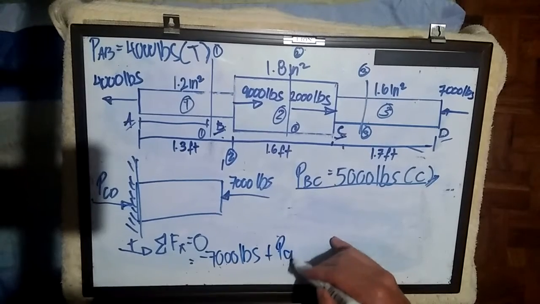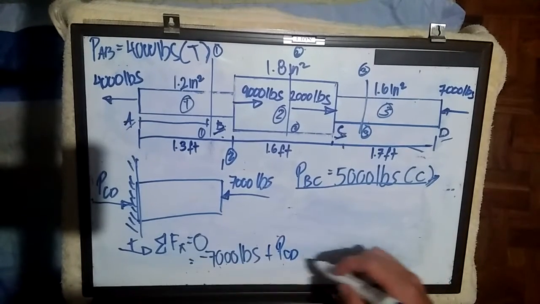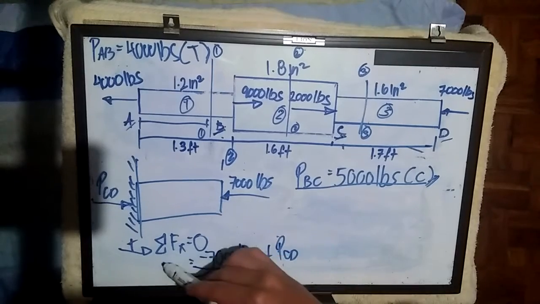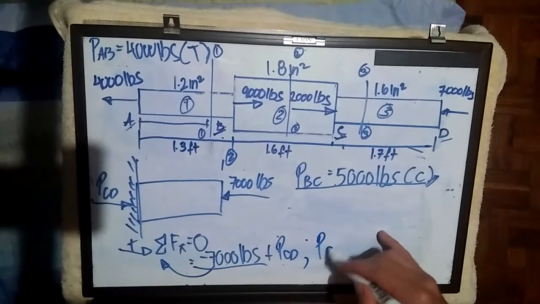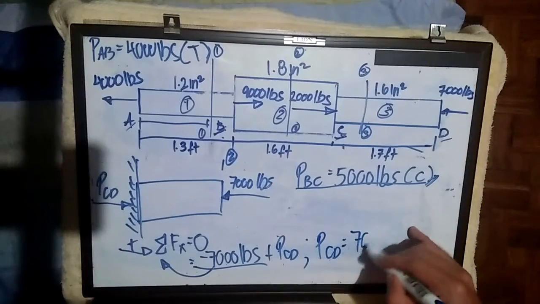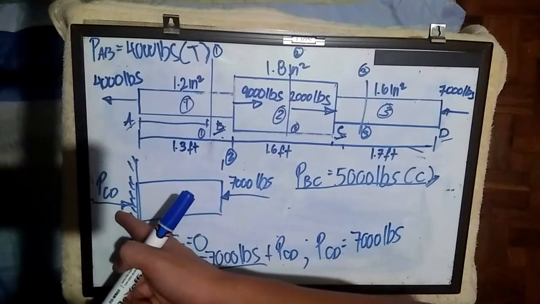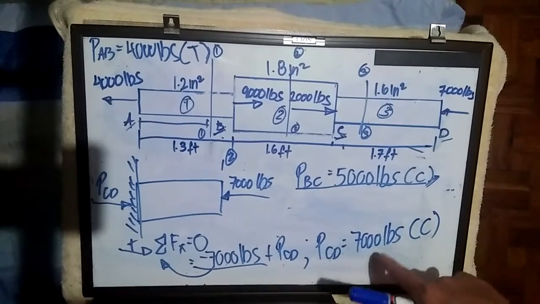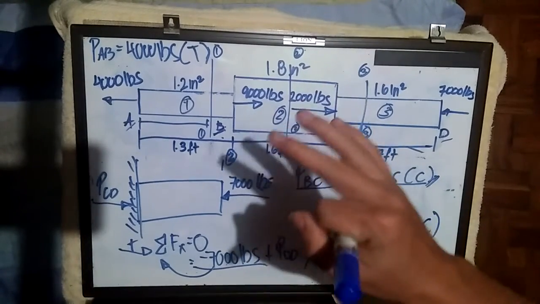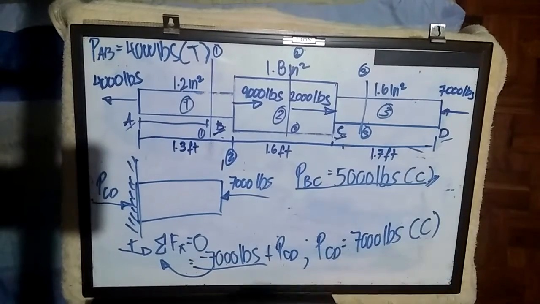So, naturally, P sub CD is what? Transpose lang natin yung 7,000 papunta dito. So, P sub CD is equals to 7,000 pounds. Ano yung kanyang initial assumption? Compression. Kaya, compression. Yan. So, nasolve na po natin yung tatlong internal forces dito sa A, B, C, and D.